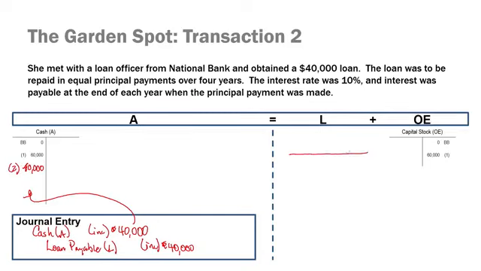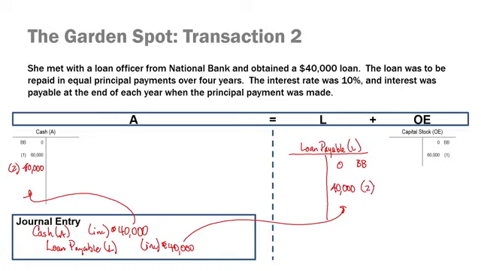So let's put that over here in the liability section. It, of course, has a beginning balance on January 1st of 0 because no transactions have involved that account yet. We'll post our right side entry into the right side of the loan payable T account, and we'll make sure to denote that as being associated with transaction 2.